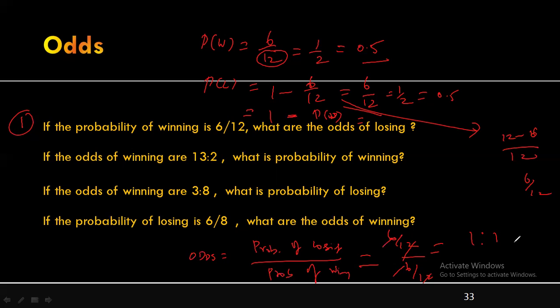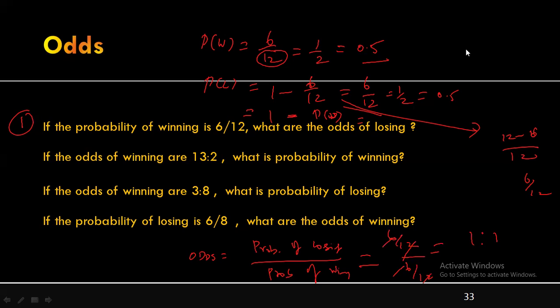For every one time I win, I also lose one time. This is called even odds, or 1 is to 1 odds, which means winning and losing are equally likely. So the odds of losing in this case are 1 is to 1.